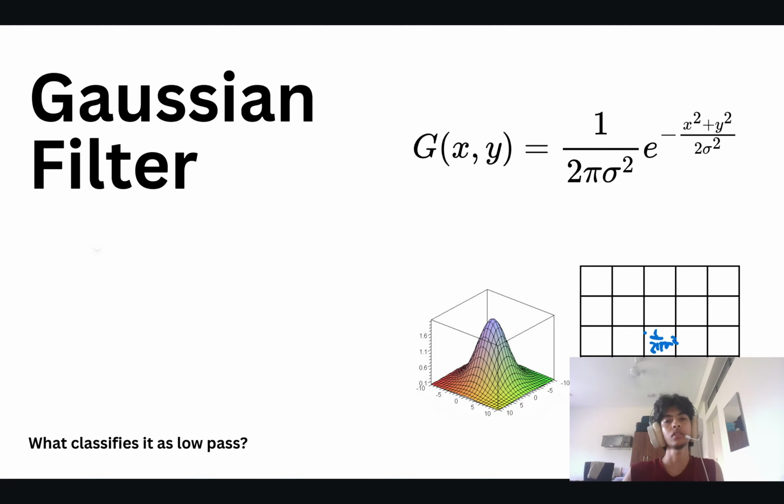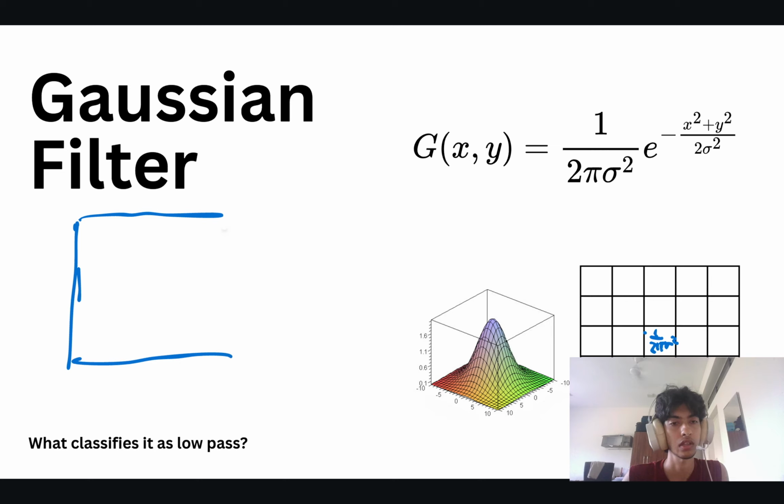Now I mentioned why the area of this has to be 1. Let's look at a plain image. This is my image matrix, and let's say it's very plain, it's only one color. Now let's say we convolve it with this Gaussian filter, and we do the average of each pixel, the convolution, addition, everything.